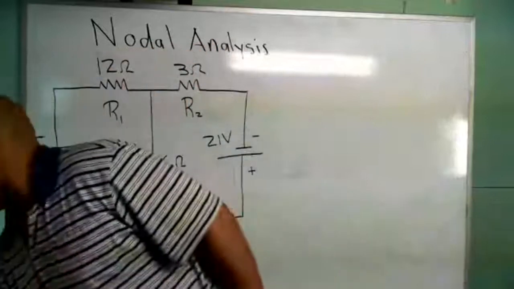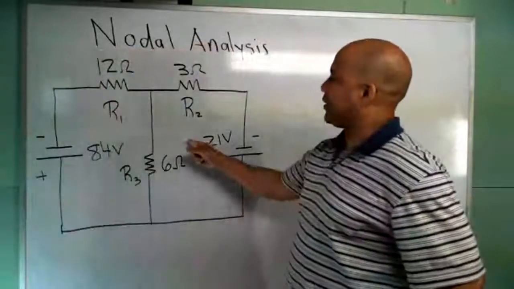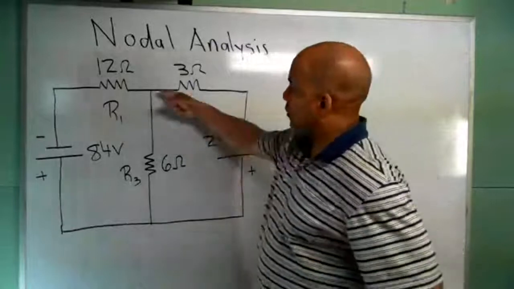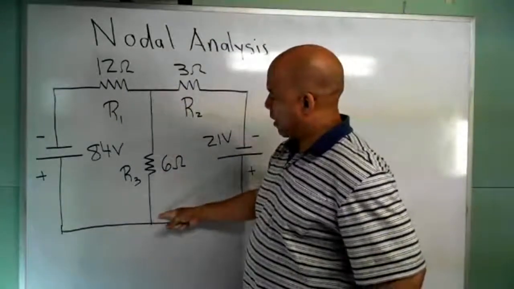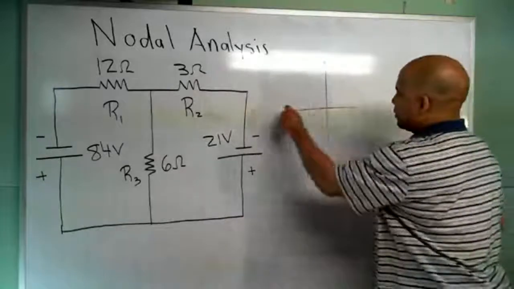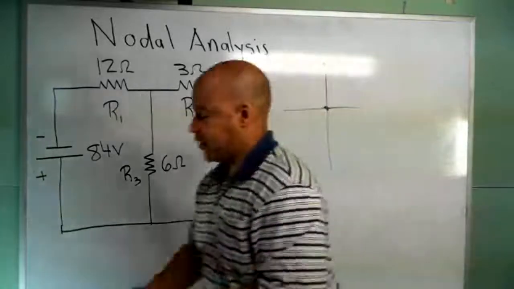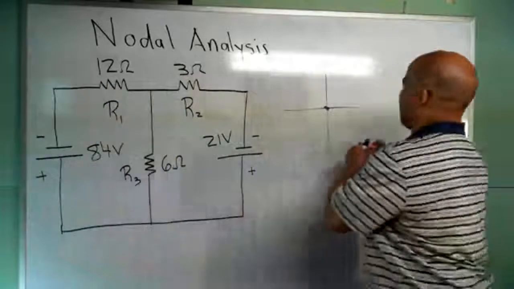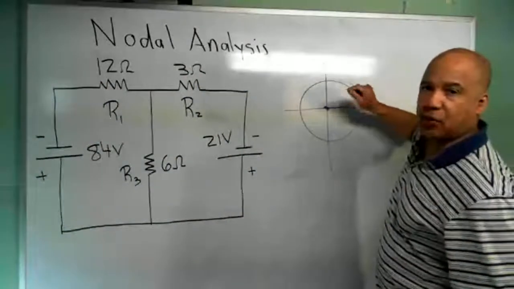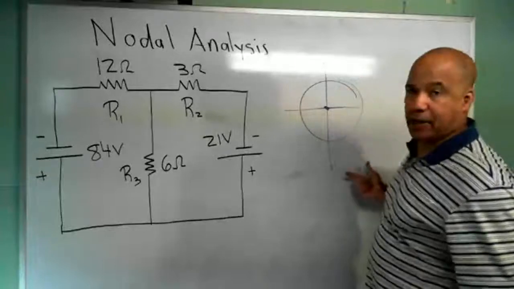So, if I want to solve this using nodal analysis, what I do is identify the nodes. There's two of them. There's a node here and a node here. Remember, we define a node as if I circle this, and that circle is cut in at least three or more places, then I got a node.